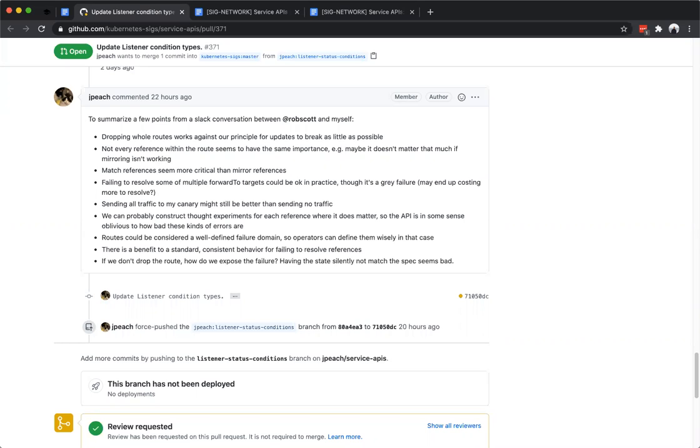I suppose that, okay, so I think that level of detail is going to be implementation defined. So say you had a route and you got it working and then a route was updated. Should you remove the working route altogether, or should you keep the working route and drop the previous update?